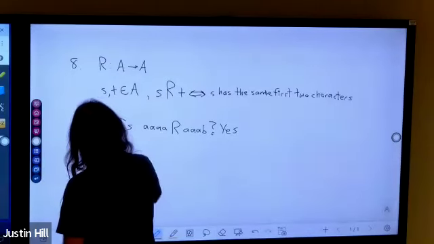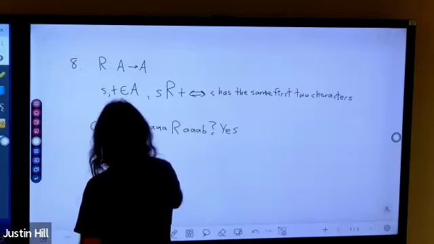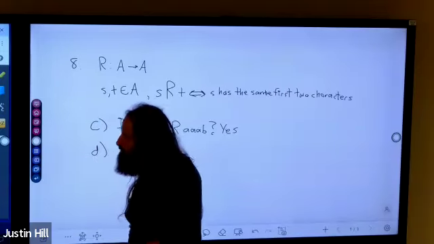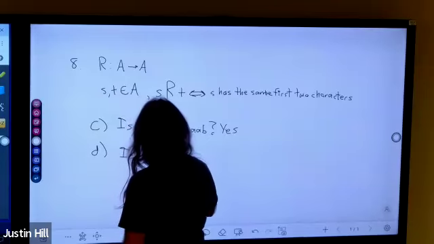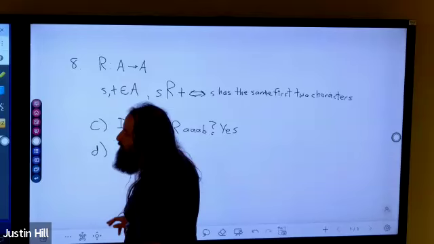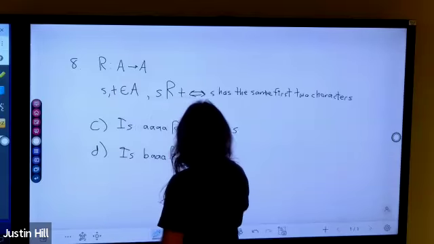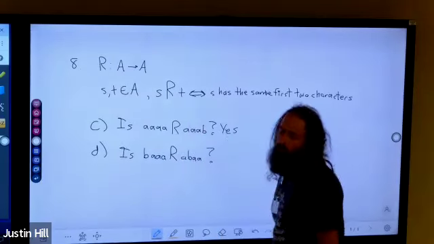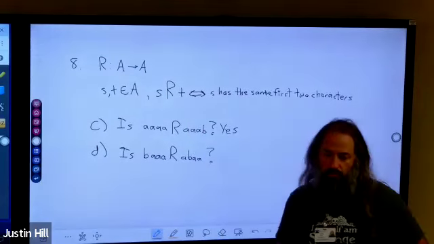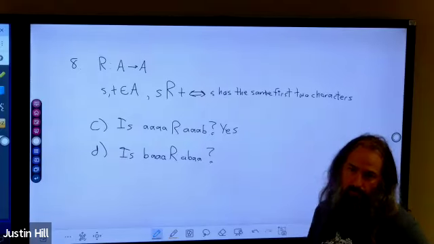And then part D. I remember last semester this was an interesting question to go over. So B, A, triple A, is that related to A, B, A? Several people pointed out, does the order matter?